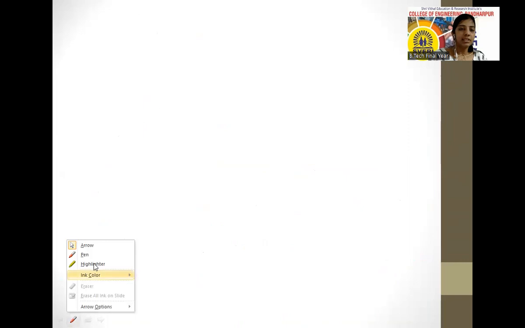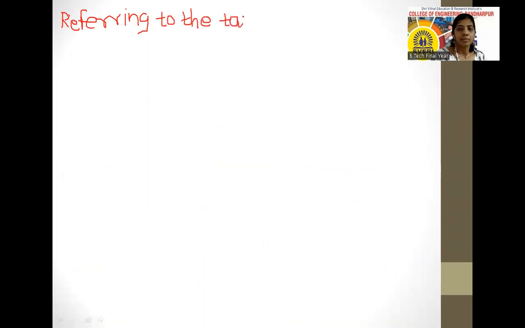You can write a sentence here like: I am referring to the table. Referring to the table, which conductor did we select?